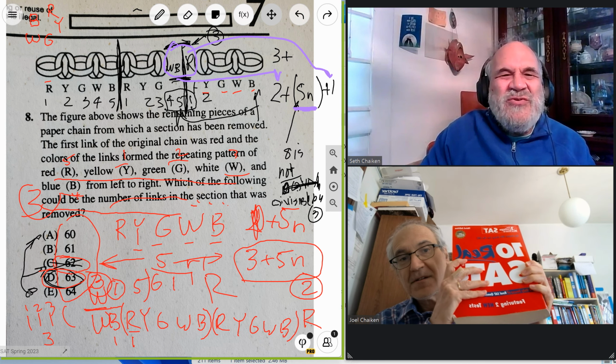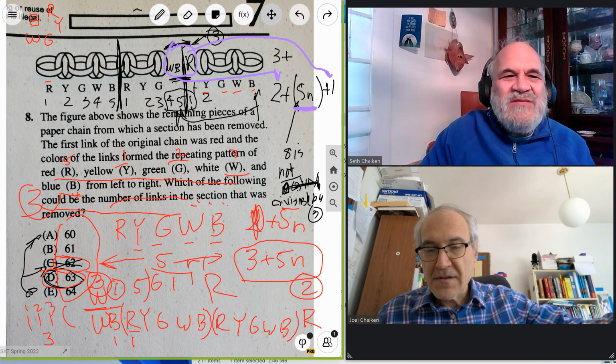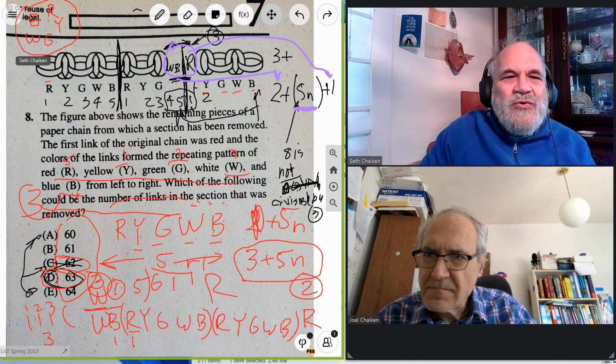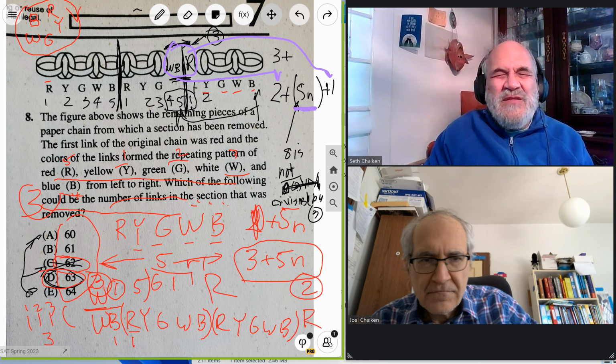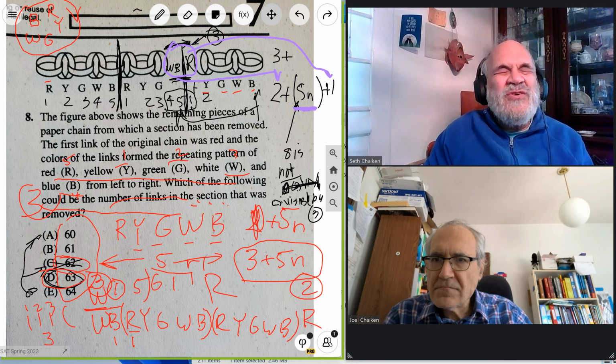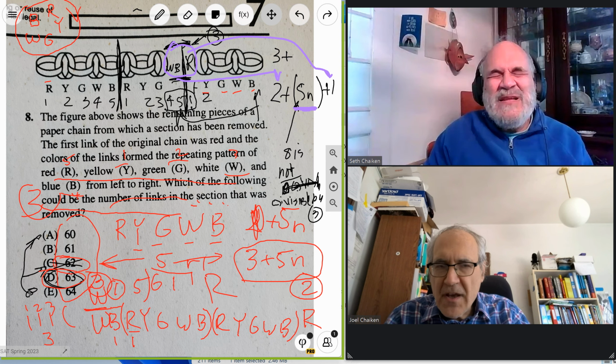The rule for the coloring is a circular rule.